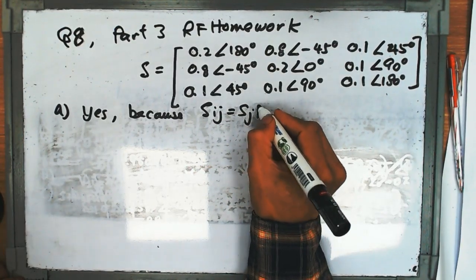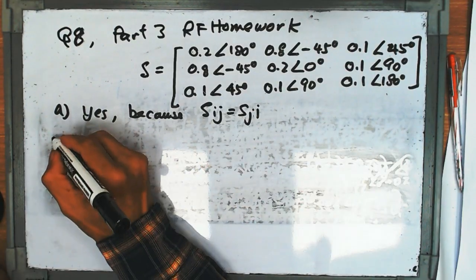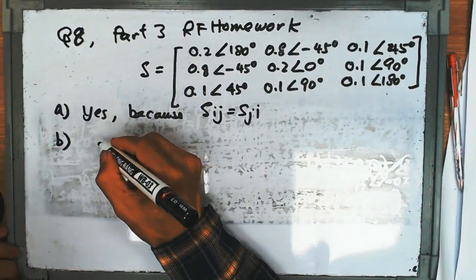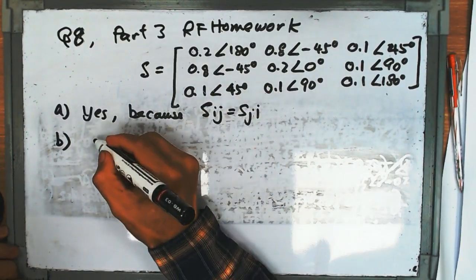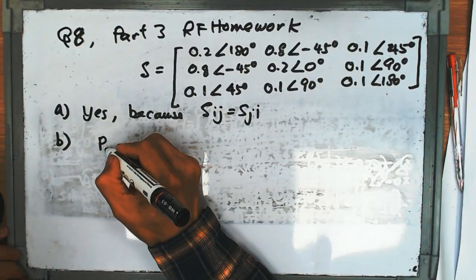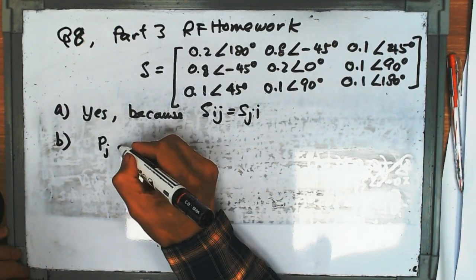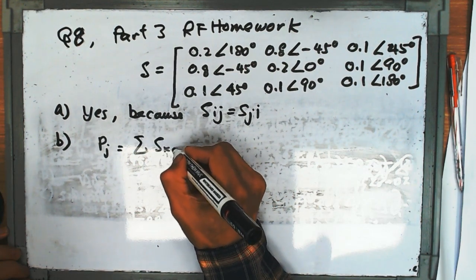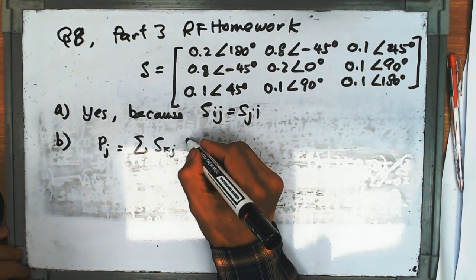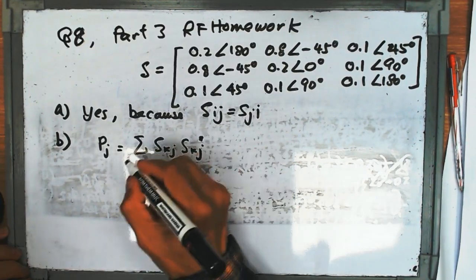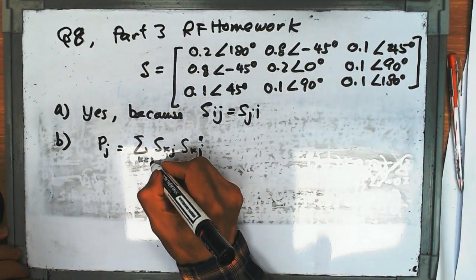Okay, part B, is the network lossless. You need to check all the columns. So the sum over k of Skj times Skj conjugate, with k starting from 1 to the maximum.